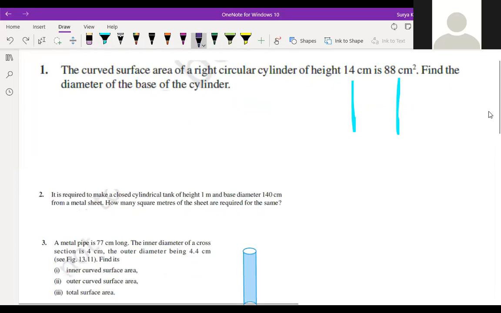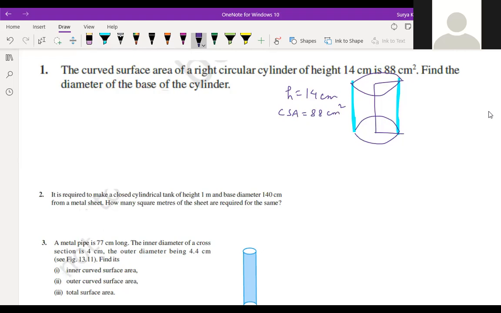Roughly you can draw over here. So height is 14 centimeter, and CSA, curved surface area, is 88 centimeter square. Find the diameter of the base of the cylinder.